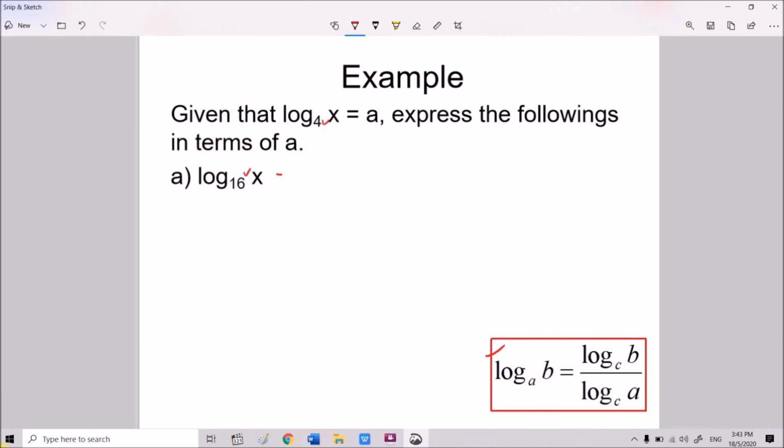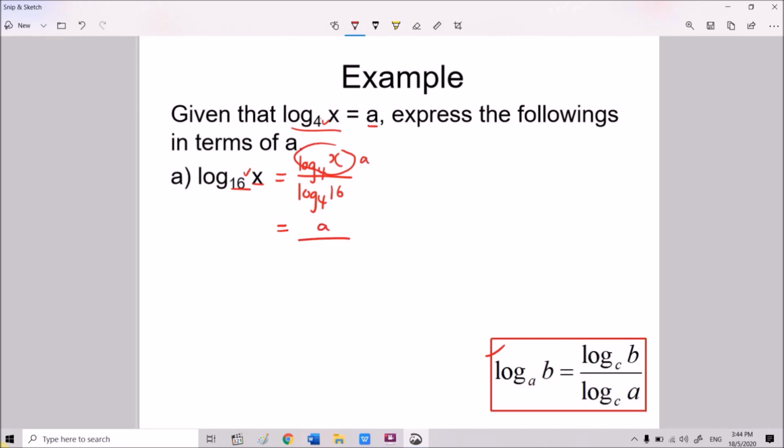So now we change this to base 4. Log base 4, the x is here, 16 is here. So now you have log base 4 of x, which is a. So you have a.